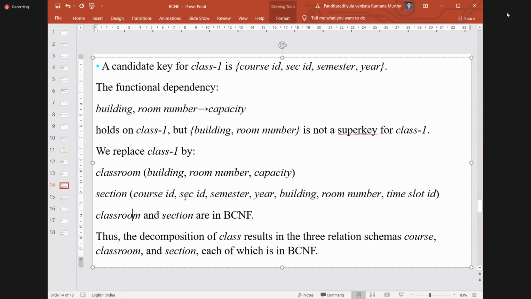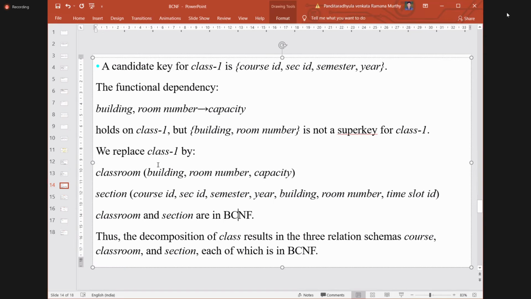What are the other fields? Course ID, section ID, semester, year, building, room number, time slot. Here you can make course ID, section ID, semester, year as super key. As per our functional dependencies also, you can identify the section is also in BCNF.